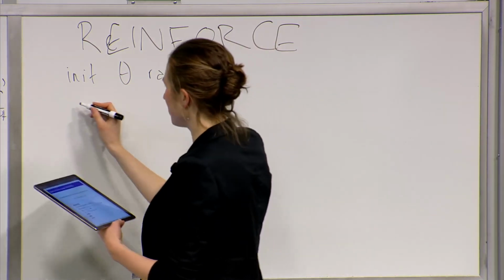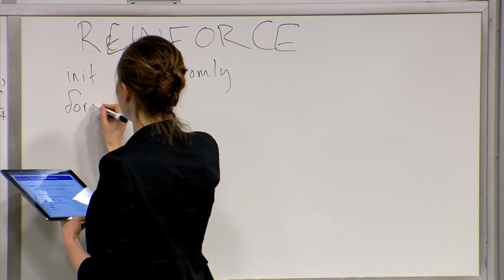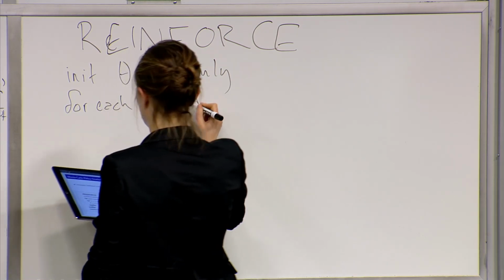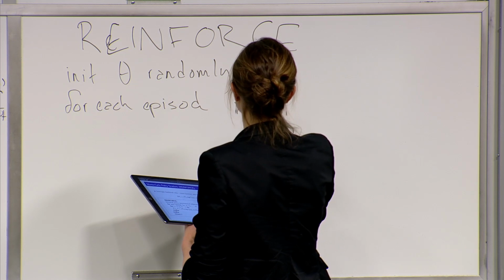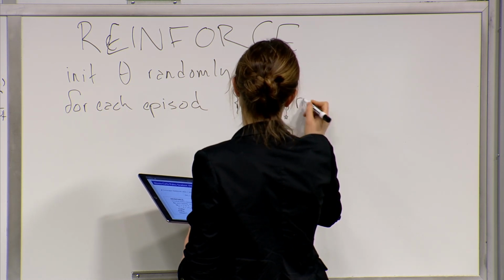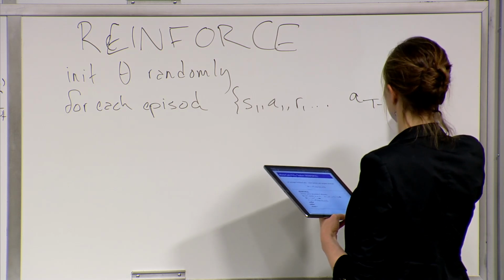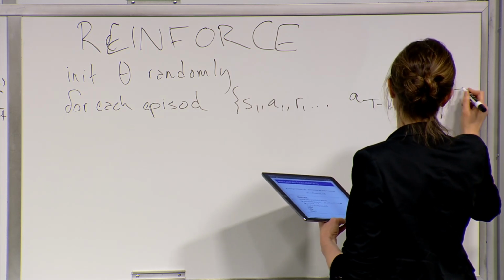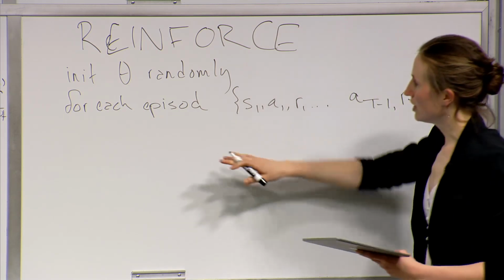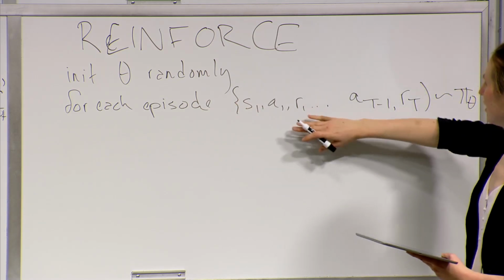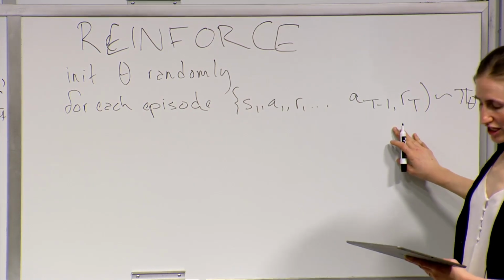And then for each episode, you're going to run an episode with that policy, and you're going to gather a whole bunch of actions and rewards. This is sampled from your current policy, so you sample from your current policy and you get a trajectory.